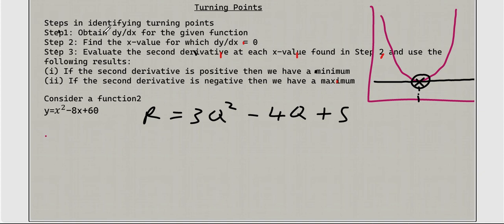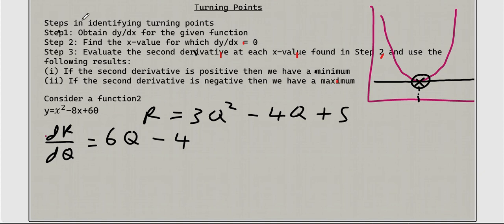Again, it's the same, just that we have changed our symbols, but now this is r and this is q. So to get the derivative, you'll do dr by dq, the first derivative. So 3 times 2 you get 6, so 6q, 2 minus 1 is still 1. Then minus 4. So that's your derivative for that function.